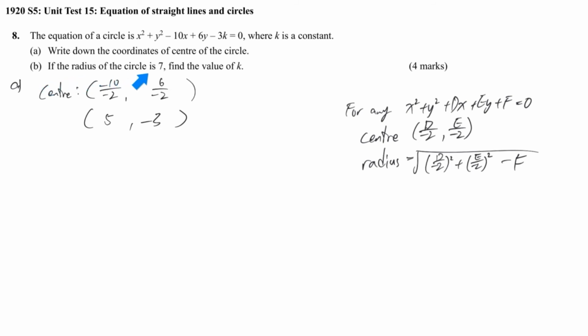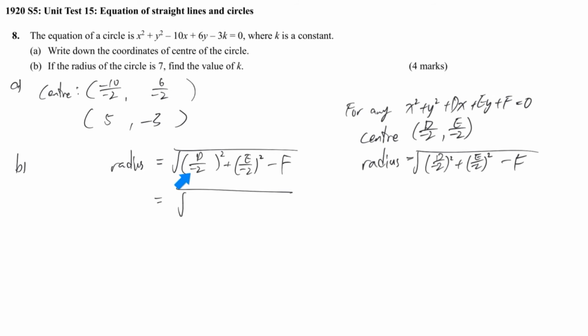And part B is also straightforward. They say the radius of the circle is 7, and based on the formula that we learned, the radius can be obtained by this formula. So we simply write down the radius is equal to the square root of (d divided by -2) squared plus (e divided by -2) squared, and then minus f.